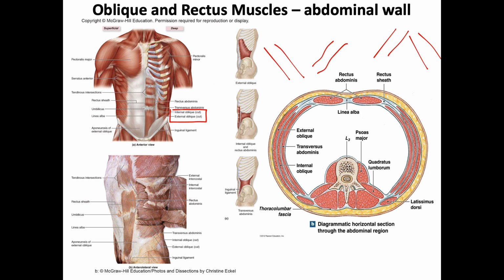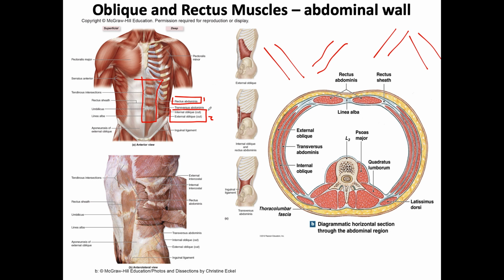And then most superficial here, we have these rectus abdominis, and this is what we typically call the six-pack, right? So it's rectus because you can see they're not oblique anymore, they're straight up and down. So rectus abdominis. Okay. And then deep to the most deep, I guess we should go over order here. So it goes rectus abdominis is most superficial. Then we go to the external obliques here.